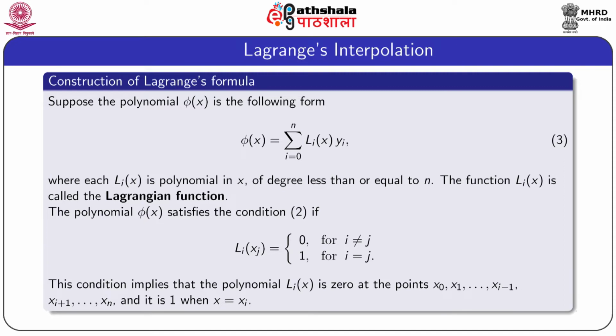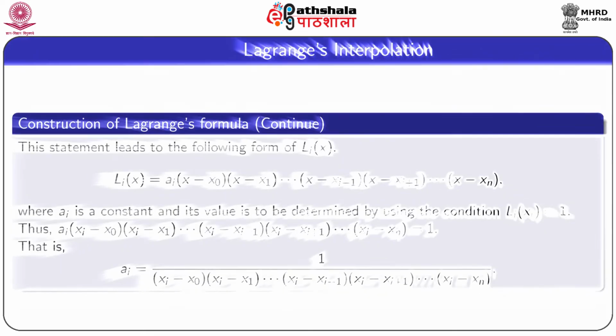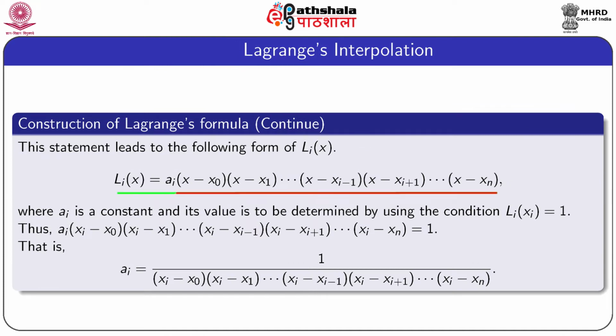Now, this condition implies that the polynomial L_i(x) is 0 at the given points x_0, x_1 up to x_(i-1), and then x_(i+1) to x_n, and it is equal to 1 when x equal to x_i. Based on this condition, we assume that L_i(x) equal to a_i into (x minus x_0)(x minus x_1) up to (x minus x_(i-1)) into (x minus x_(i+1)) up to (x minus x_n).